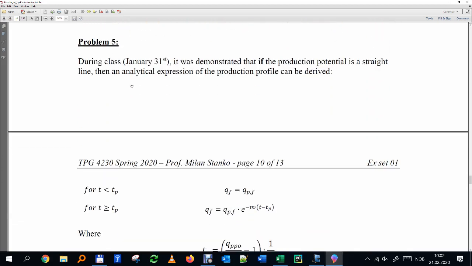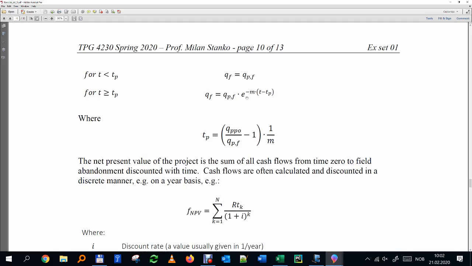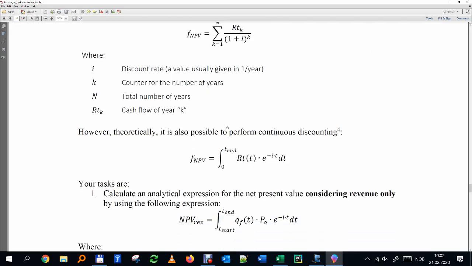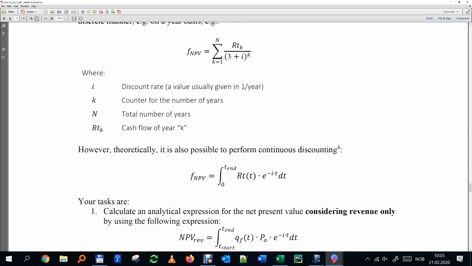And problem 5 is actually related to the NPV. It's trying to find if you have an analytical expression of rate with time. It's not very common in the oil industry, but you can make continuous discounting. Instead of making it every year, like you do here, and using this factor, you can use simply this exponential and the discount factor.